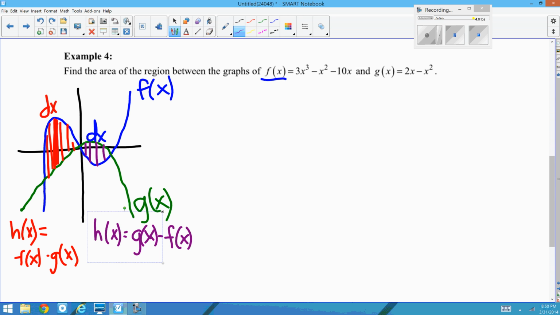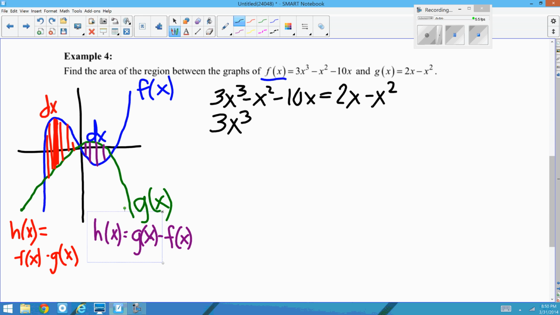Now we just need to find the points of intersection. So we need to figure out where this is equal to this. Maybe if we move everything to one side, it'll be easier. So the x squareds cancel out.